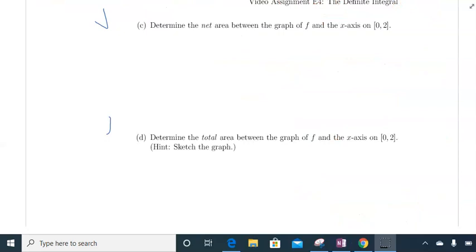Part C and D. Part C, determine the net area between the graph of f and the x-axis on [0, 2]. And D, determine the total area between the graph of f and the x-axis on [0, 2]. A hint here is that you might want to sketch the graph.